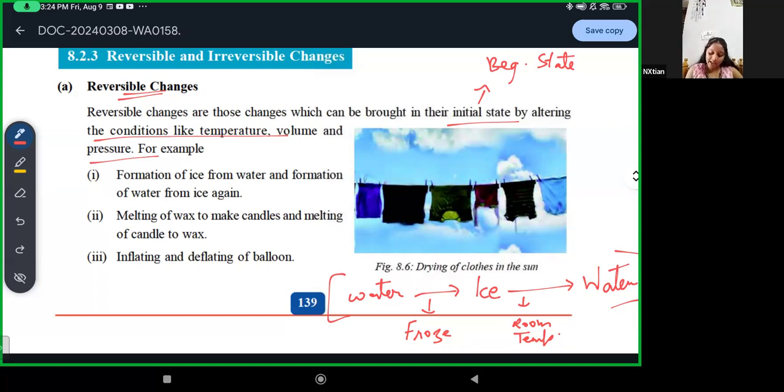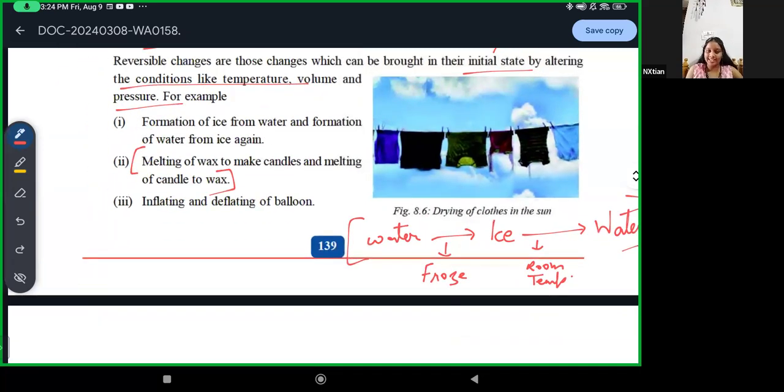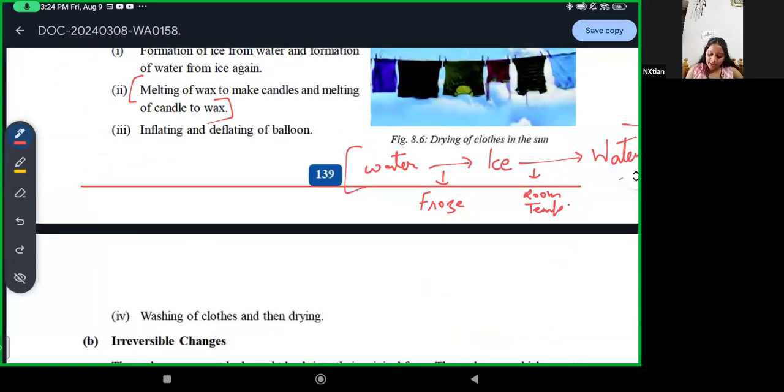Melting of wax to make candles and melting of candles to get wax. Now, we take wax and melt it to make a candle.